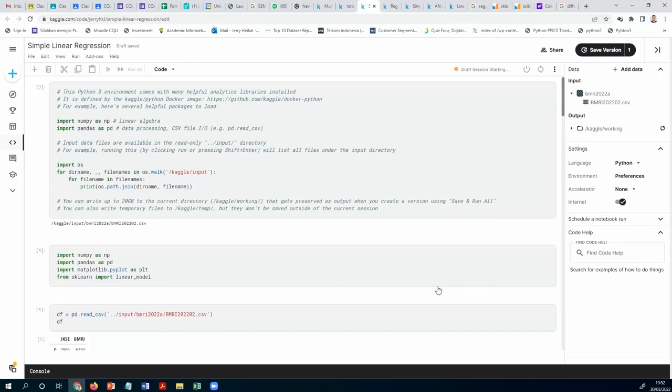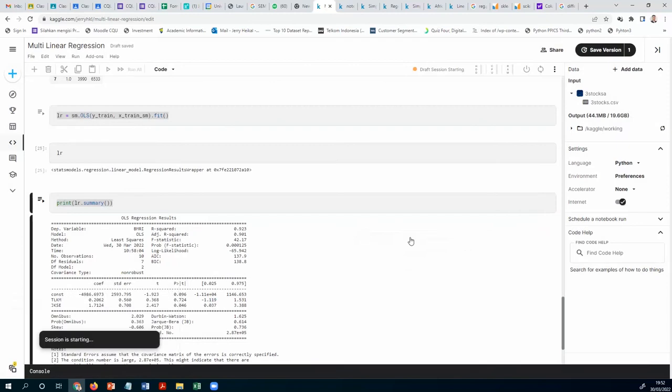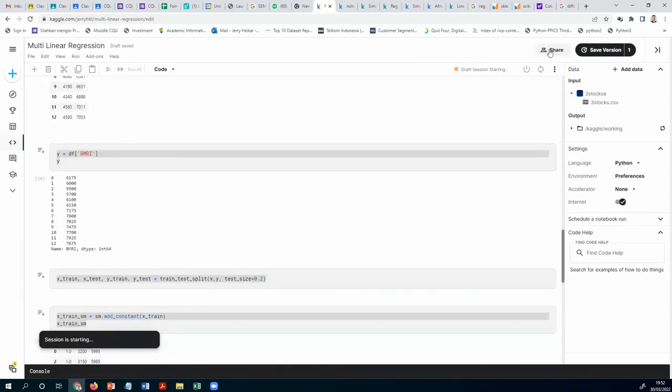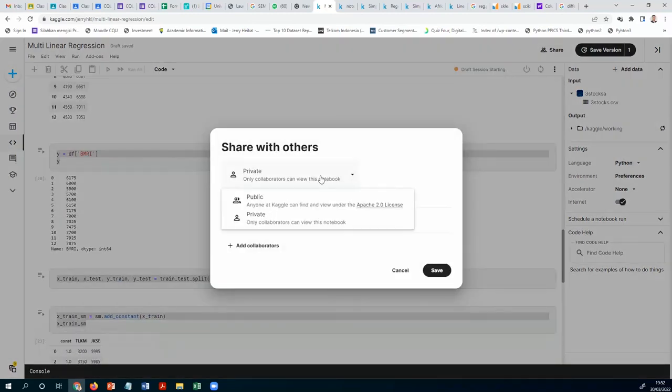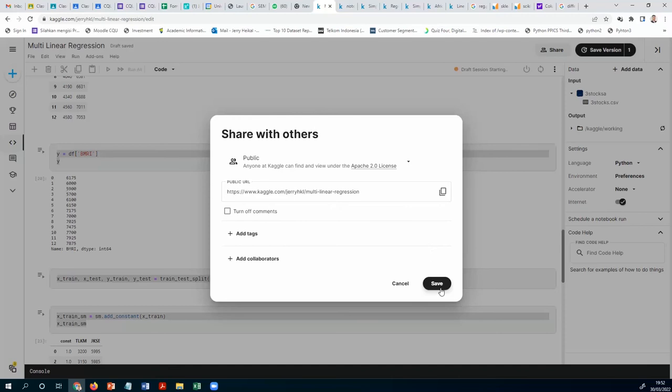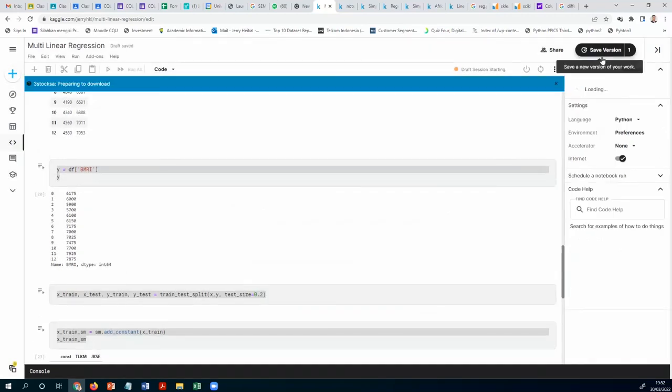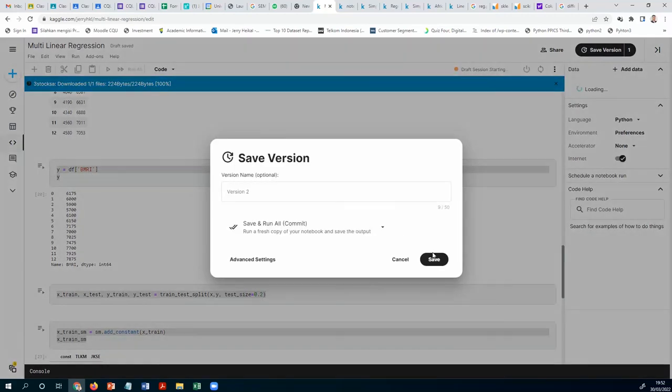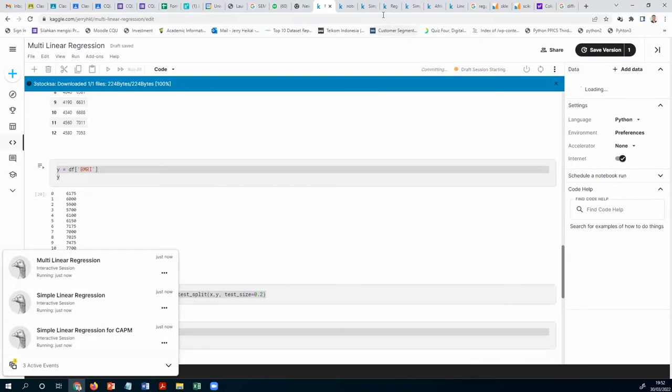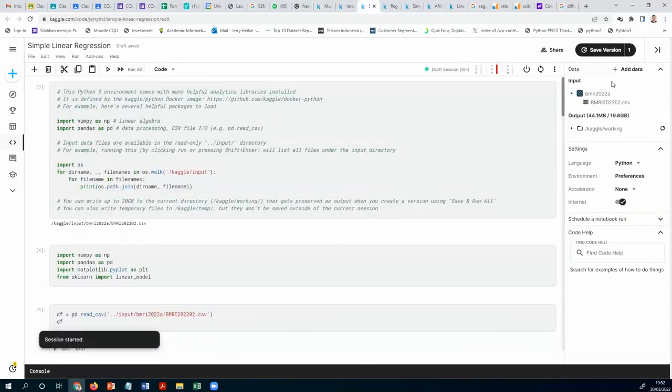We have simple linear regression and multiple linear regression. Let me share it to you. We have two. You can copy. How to copy that? Using edit, this one. If you open the file, there is copy and edit, so that will automatically bring it to your data.